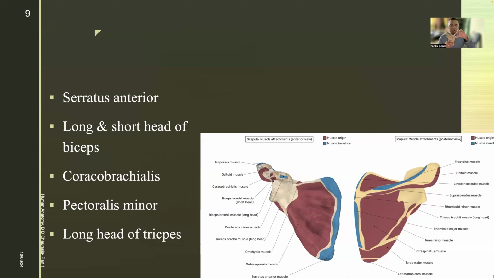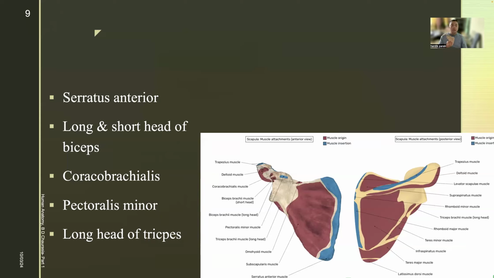The first digitation is inserted in this area, from the superior angle to the root of the spine. The second and third digitations are inserted from the root of the spine of the scapula to the medial border up to the inferior angle. And on the inferior angle, the remaining 5 digitations are inserted.